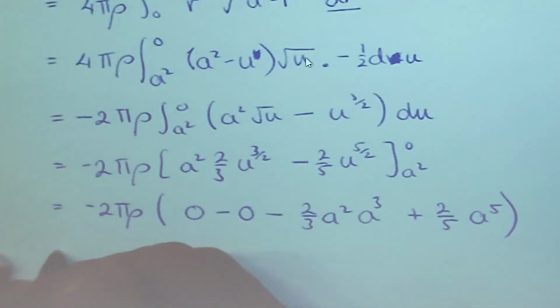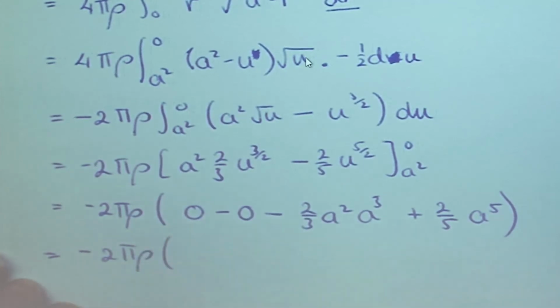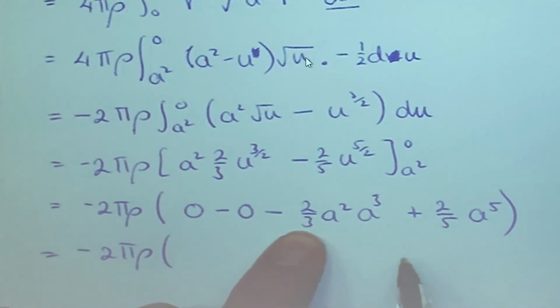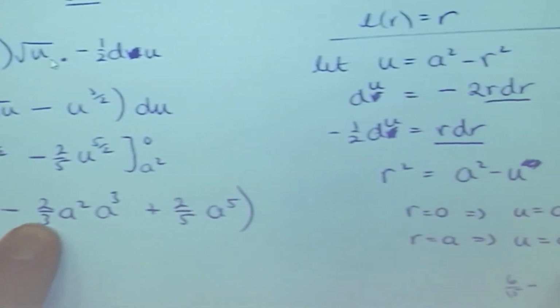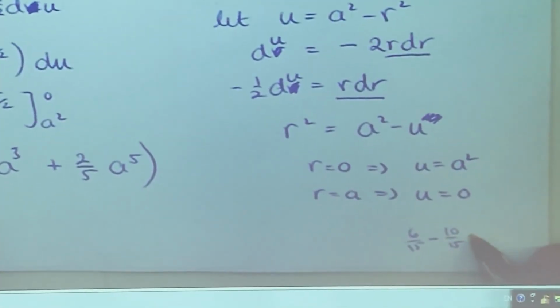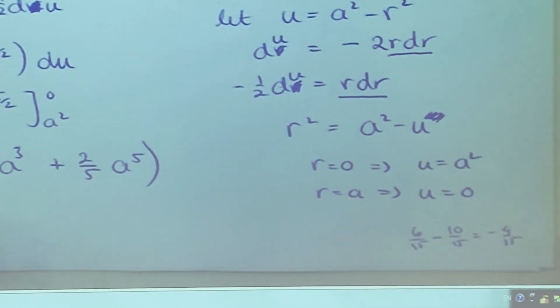Okay, equals. Okay, these are both a to the power of 5, so that's a good thing because they've got the same kind of units. 2/5 minus 2/3. Oh, that's too hard. 2/5, what's that? 6 over 15 minus, times by 5, 10 over 15, minus 4 over 15.